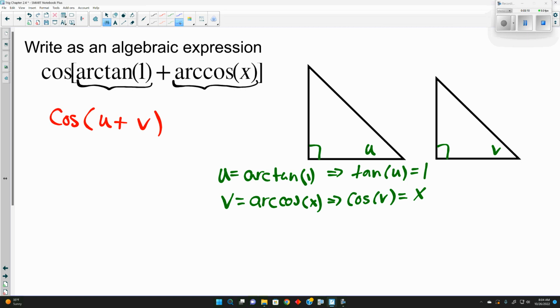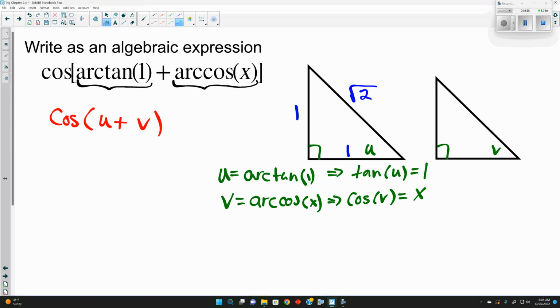Well, tangent of u is equal to 1. Well, tangent's what over what? Opposite over adjacent, yes? Well, if it's equal to 1, we're saying that this side is 1 and this side is 1, yes? Which means the hypotenuse is square root of 2.